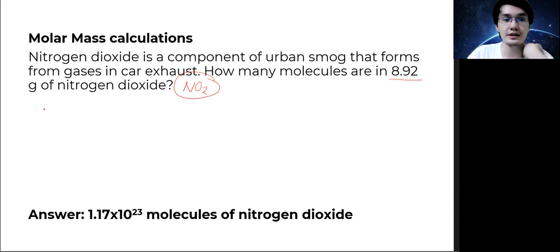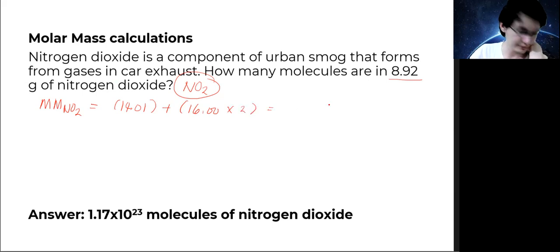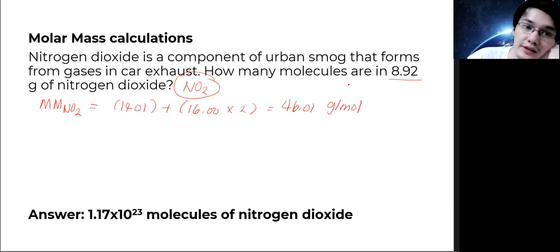So first, we calculate the molar mass of nitrogen dioxide, which is equal to 14.01 grams per mole plus 16.016 times 2, then we would get 46.01 grams per mole. So we have that.